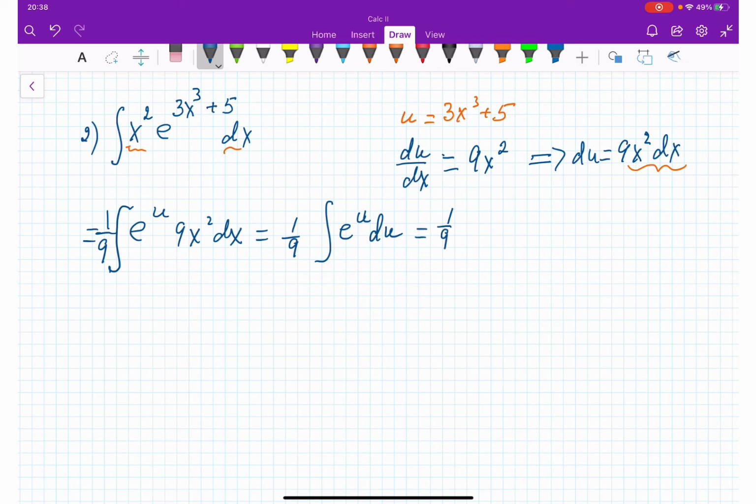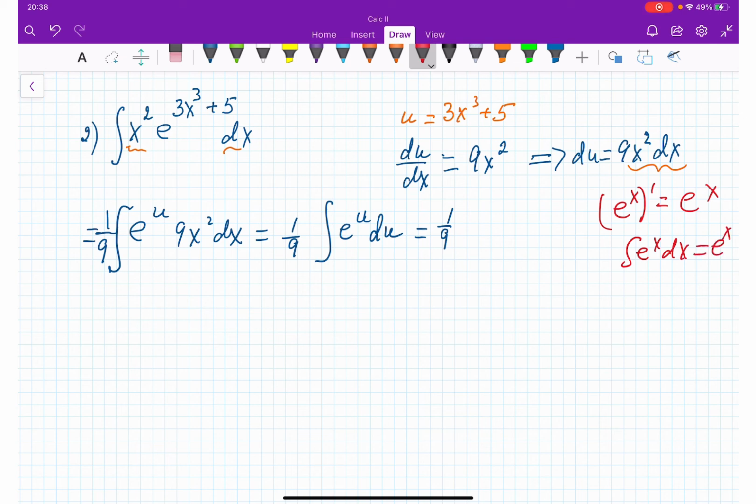We know that since the derivative of e to the power x is e to the power x, the integral of e to the power x dx is again e to the power x.